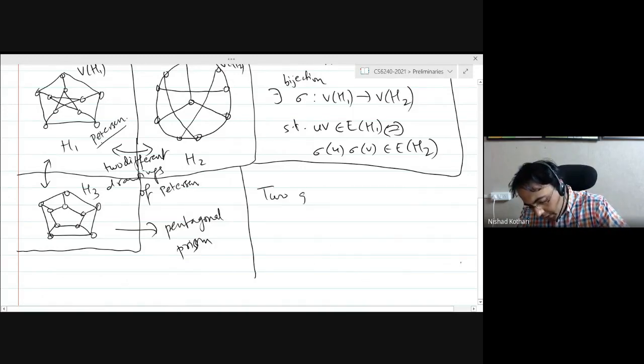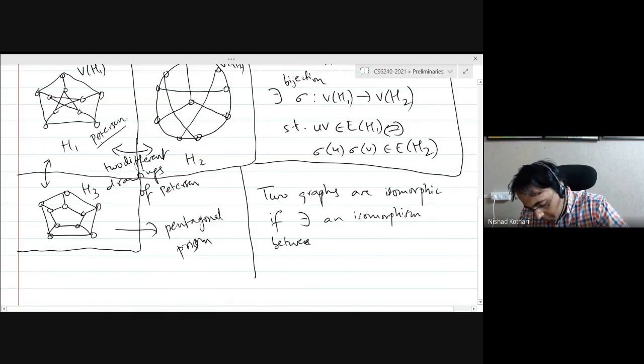And just to be complete, two graphs are isomorphic if there exists an isomorphism between them as defined above.